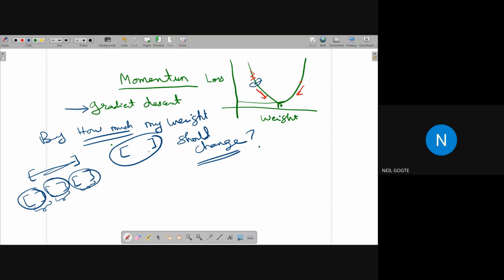So should I be controlled only by the current batch, or should my past batches be allowed to influence what change I make? Now, this is philosophical. It's like saying, I wrote an exam and I got certain marks.